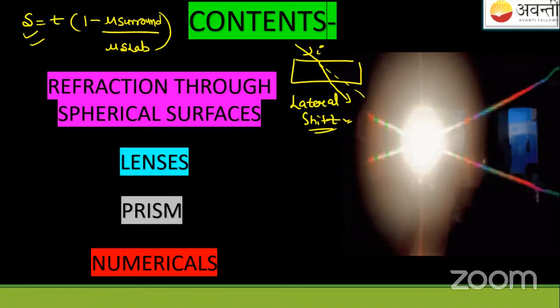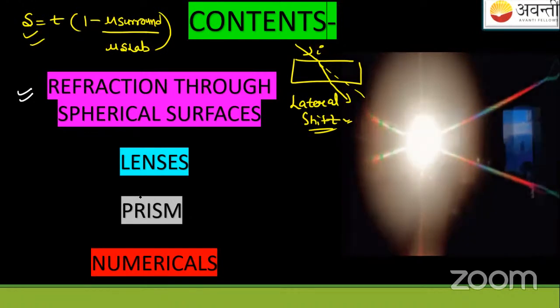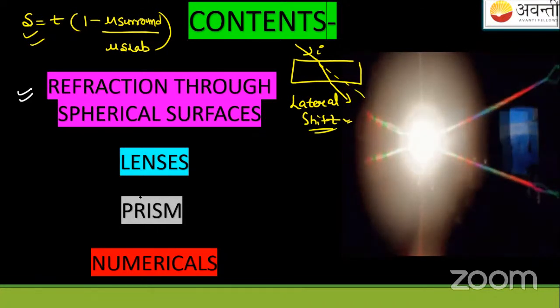First we will be studying refraction through spherical surfaces. Till now we have studied refraction through a slab, refraction through a plane surface, and refraction through slabs having different refractive indices. But now we will study spherical surfaces.